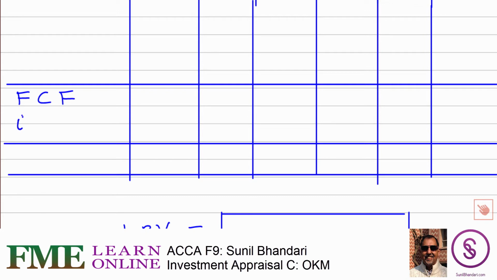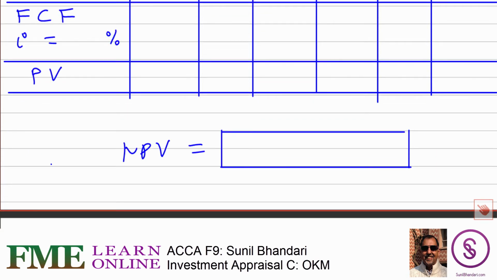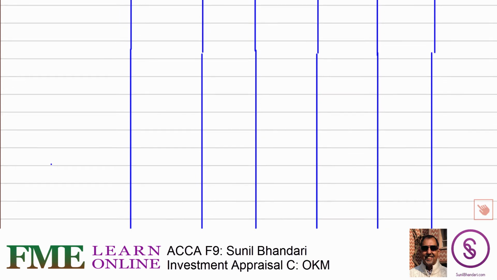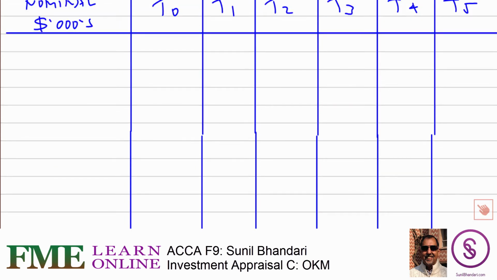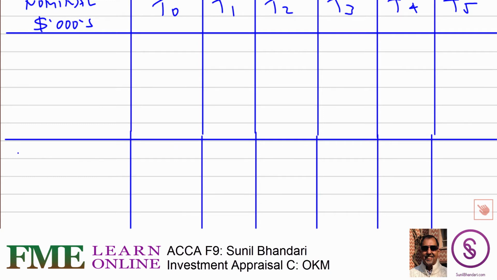I write in i, which is the generic letter for nominal discount rate. Put in percentage there. This will be my present value, and then my NPV is going to go in there. For scaling purposes, I'll leave myself maybe 4, 5, 6 lines and just put in a subtotal there, and I'll put in there the value known as operating cash flow.